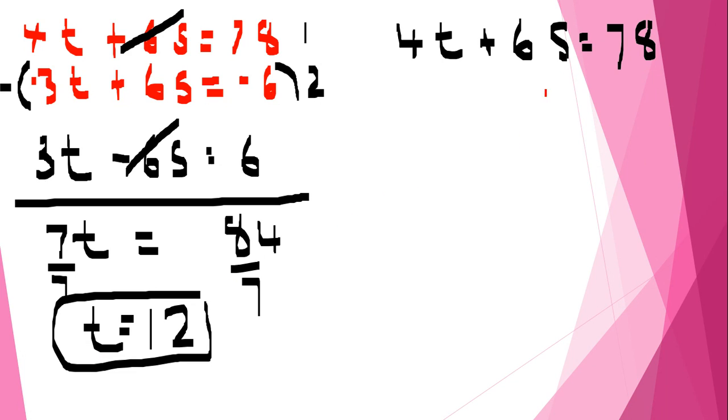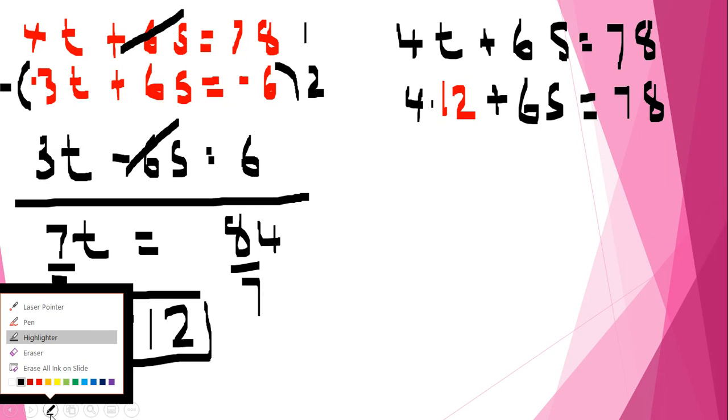I know the fact that t is now 12. The rest of the equation remains as there. So I'm dropping down the 4, I'm dropping down 6s and 78.